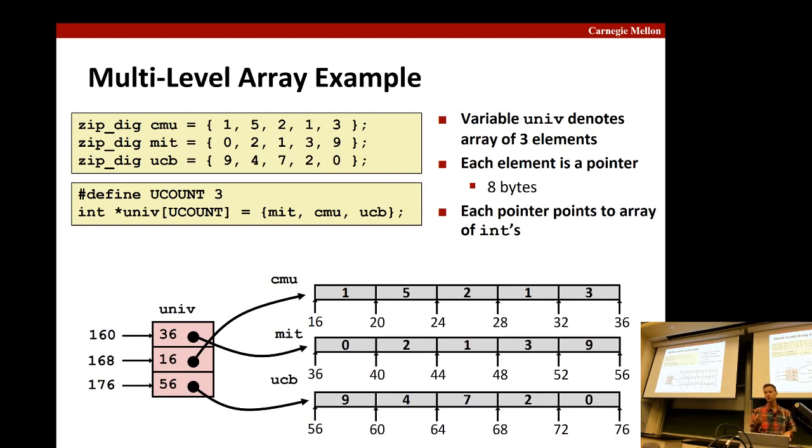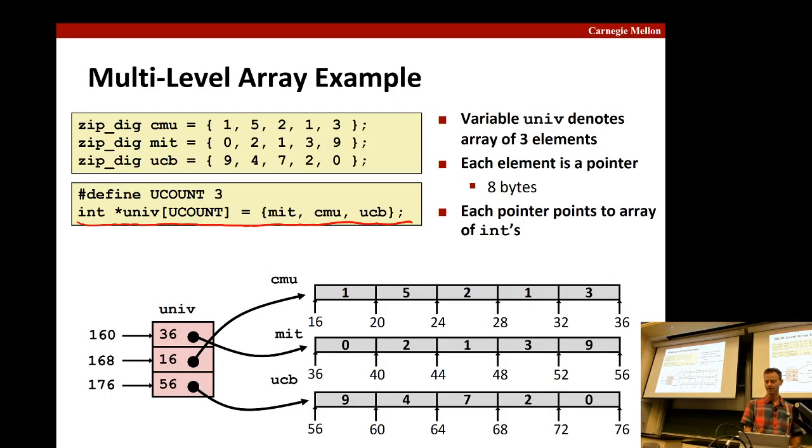So this is also a multi-dimensional array, but it's done in a slightly different style. It's done as a multi-level thing. Okay, so here you can see that we defined this thing that's 3 pointers, and we've initialized it to our 3 different zip codes.